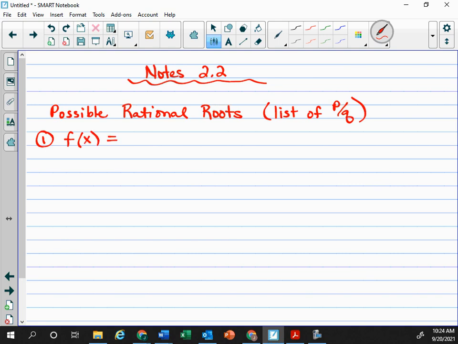All right, so we've got some function here. I'll give you f of x is 2x to the fourth minus 3x cubed plus 7x squared minus 5x plus 9.